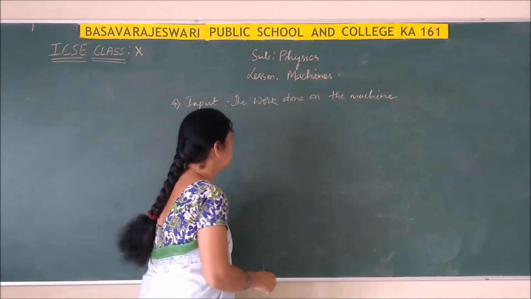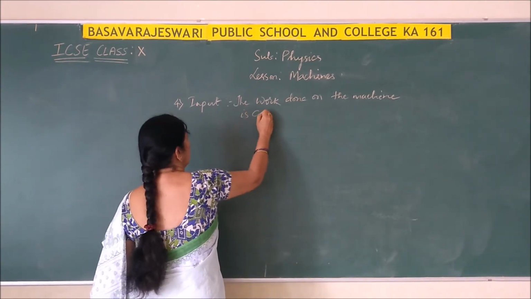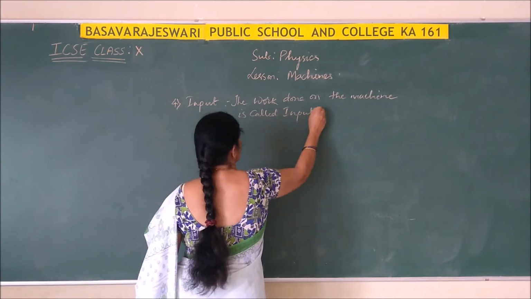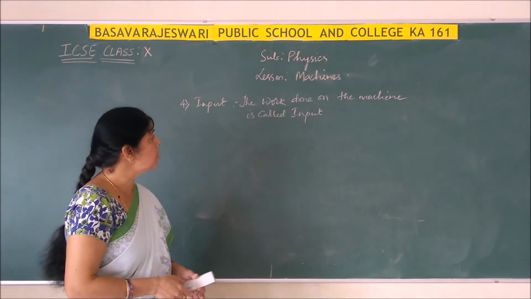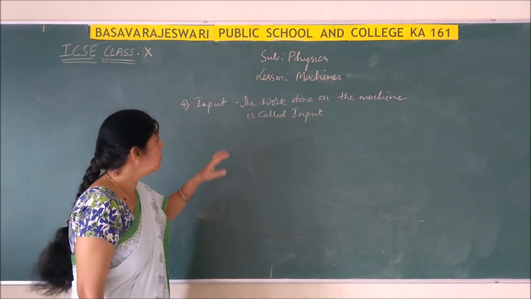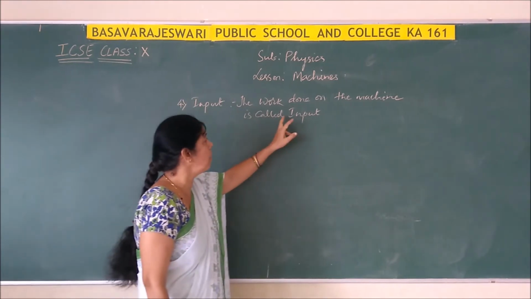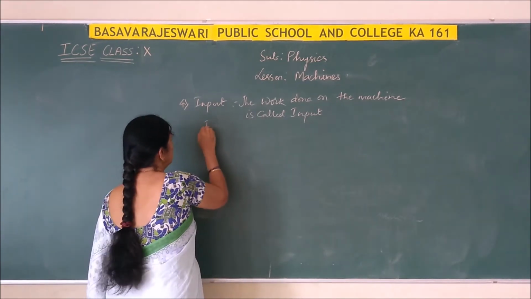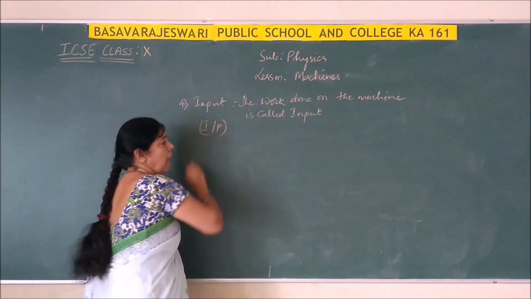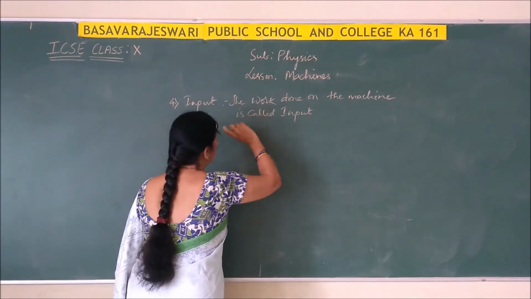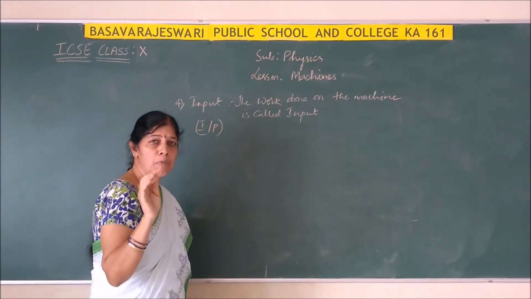The work done on the machine is called input. So if you want to do some work, then you have to apply force on the machine. That force applied on the machine or work done on the machine is called the input. Input we usually write in short as I/P. Now here I told you input is nothing but the work done.